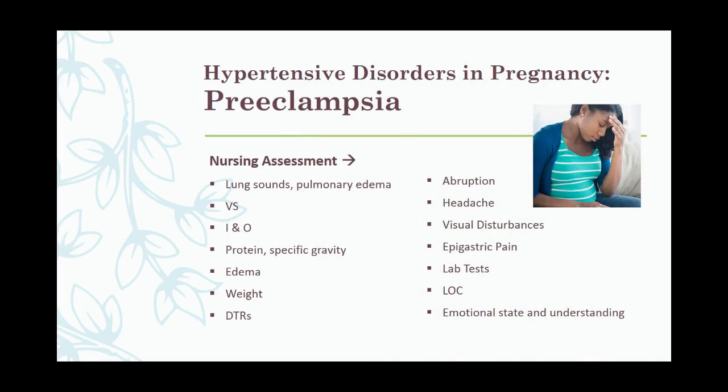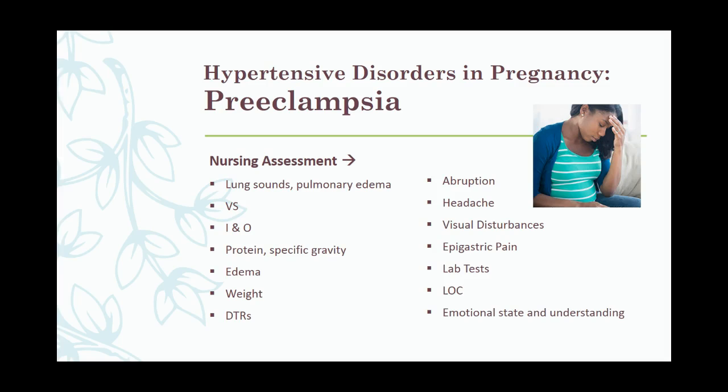So what do we do nursing assessment-wise for preeclampsia? Well, first of all, we want to listen to lung sounds because we already know that they're at risk for pulmonary edema and they may have some pulmonary edema, so we want to be listening for things like crackles. We do not want these people to become overloaded and deprive oxygen to the fetus or themselves even more than is already happening.